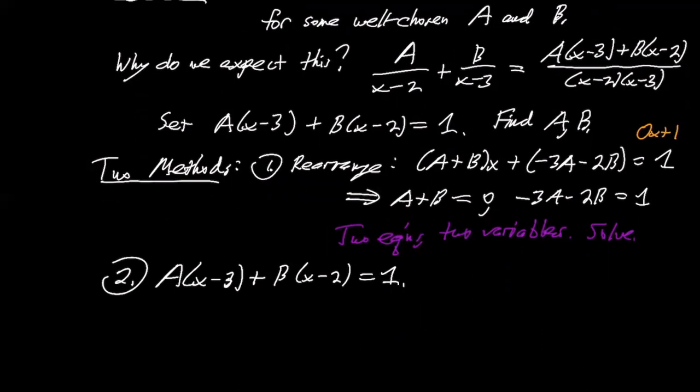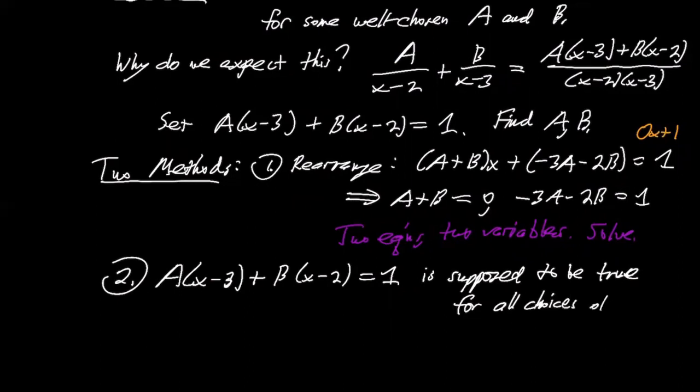This is supposed to be true for all X, for all choices of X, right? If it's an algebraic identity, that's the whole point of X: it's a variable and it could stand for any number.